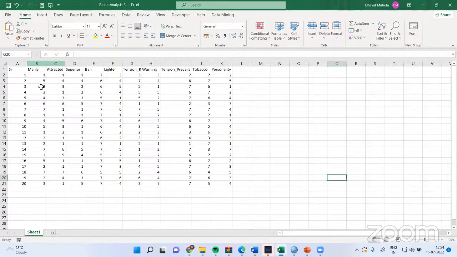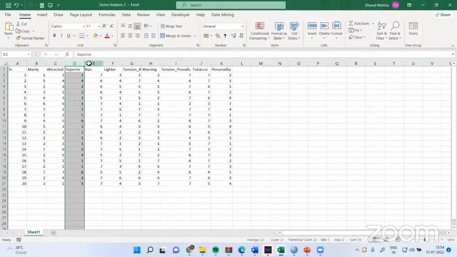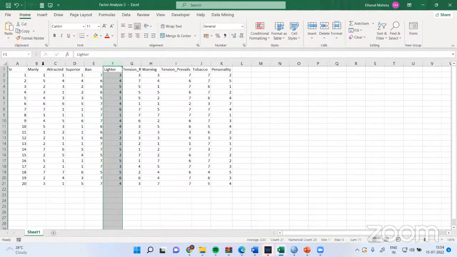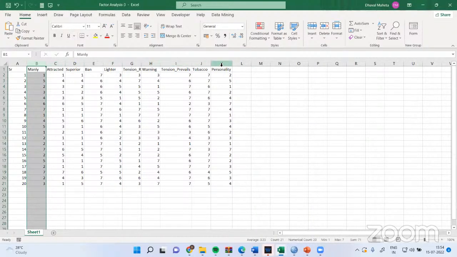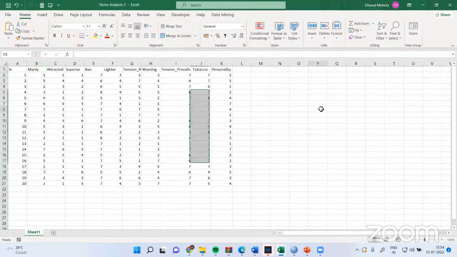So the opinions of 20 people were taken. Now, these are individual students. I want to know which variable is highly correlated with which other variable, right? So first of all, we will have to bring this data set into the SPSS environment.